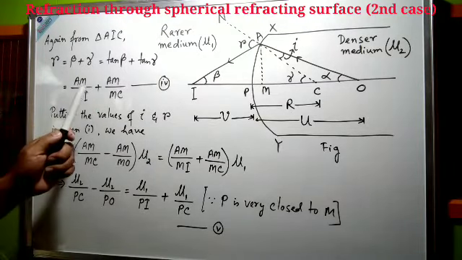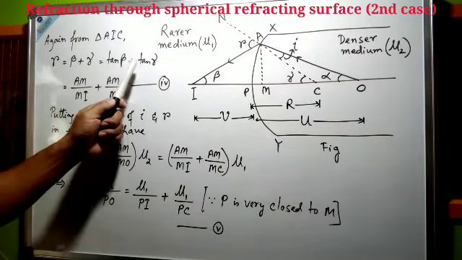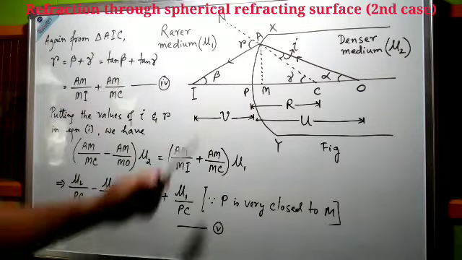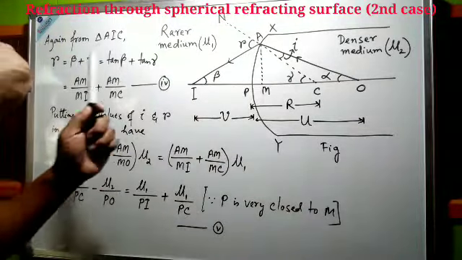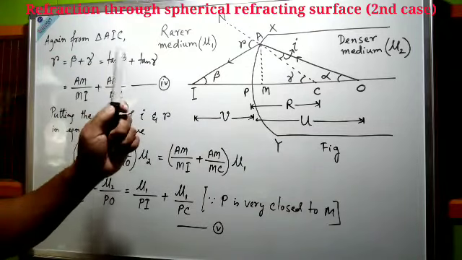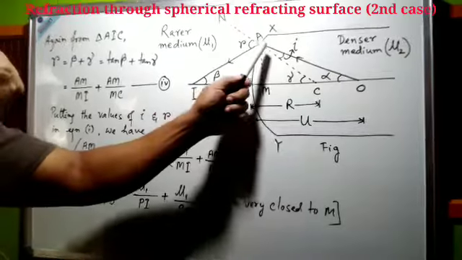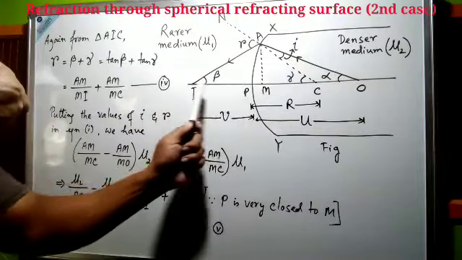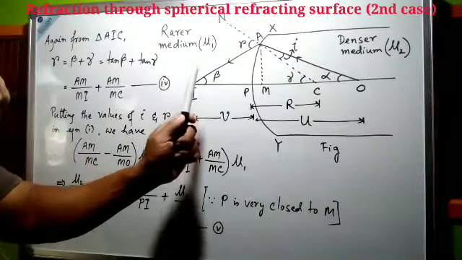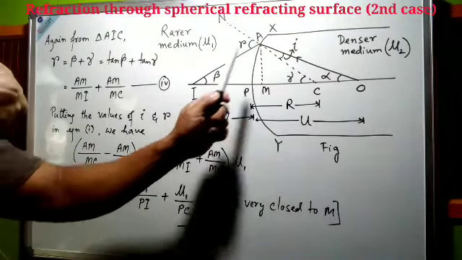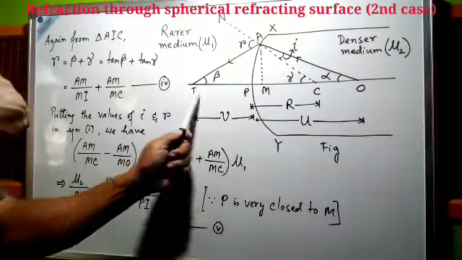Then again let us try to express this tan gamma and tan beta in terms of perpendicular and base. So let us take the right triangle containing angle beta, and it should be right triangle AMI. So from this right triangle AMI, tan beta is equal to AM by MI, that is perpendicular by base.